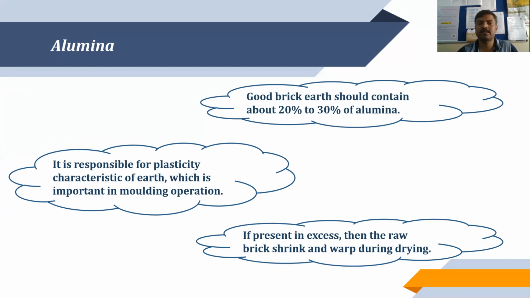If present in excess, the raw brick shrinks and warps during drying. It means if the alumina goes beyond 30% in quantity, then when we are drying the bricks, they become twisted, deformed, and lose their shape.